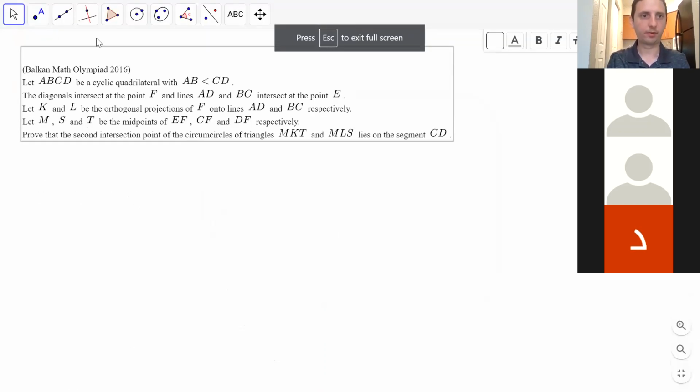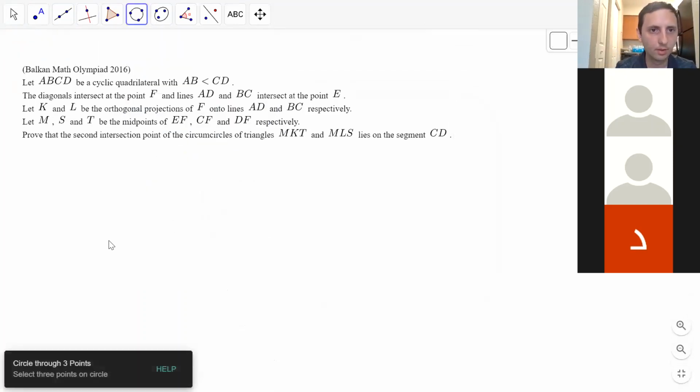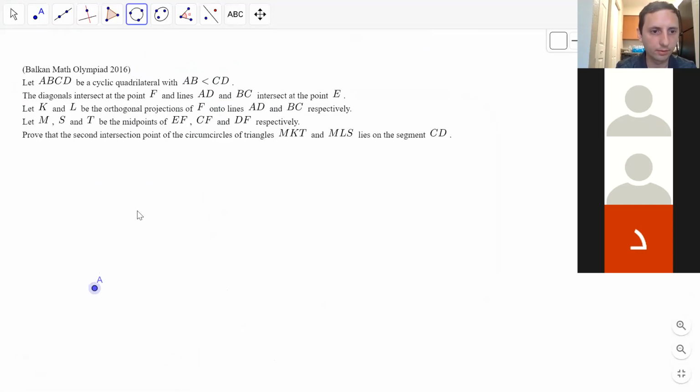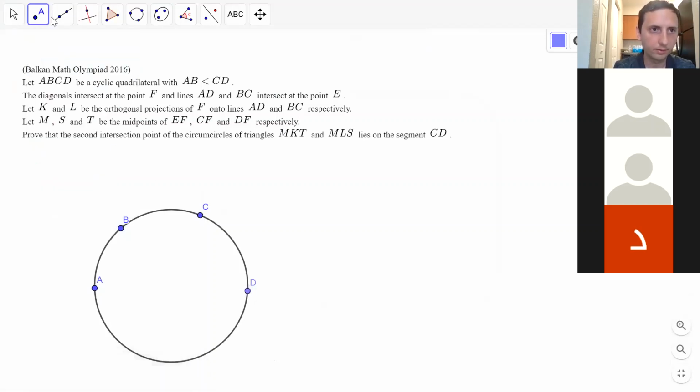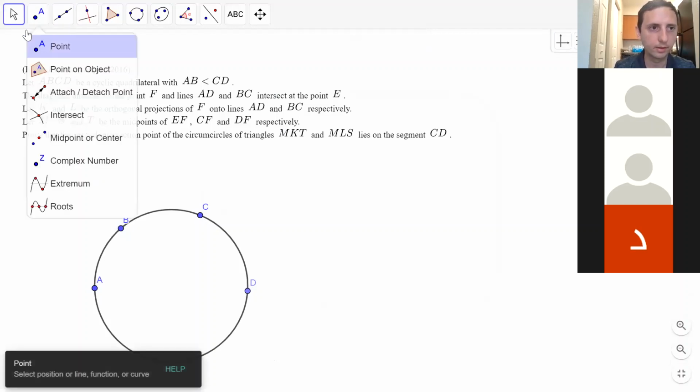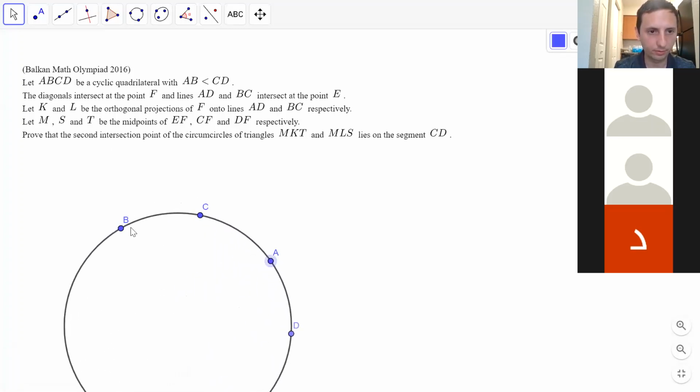Okay, so we have a cyclic quadrilateral ABCD. AB is less than CD. And the diagonals intersect at F, and AD and BC intersect at E. Maybe I should, let me flip this around.